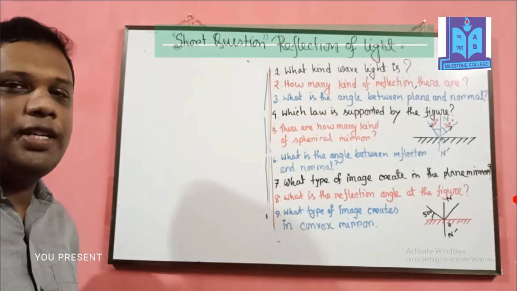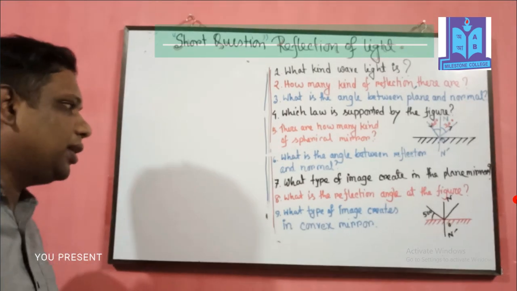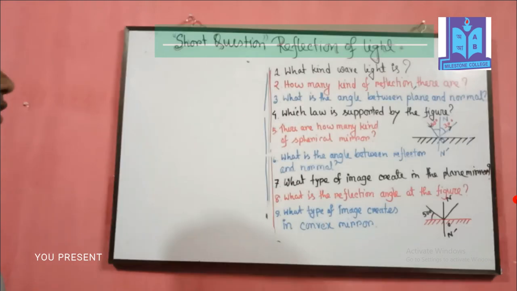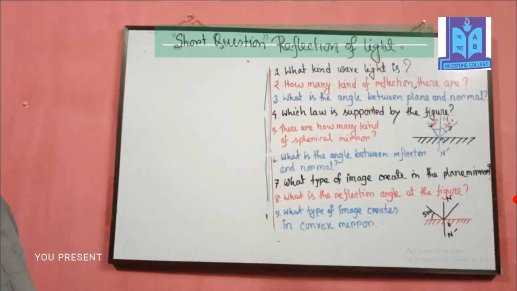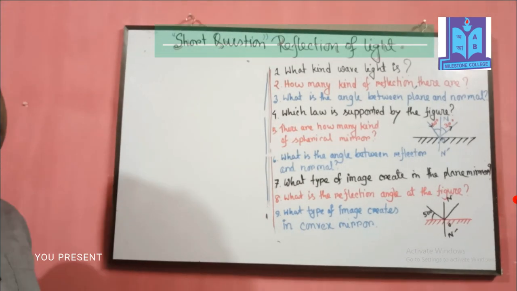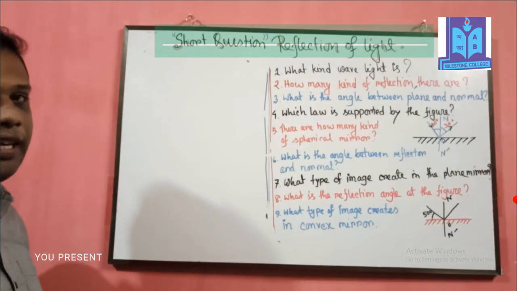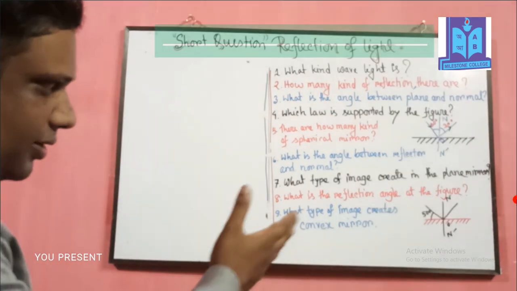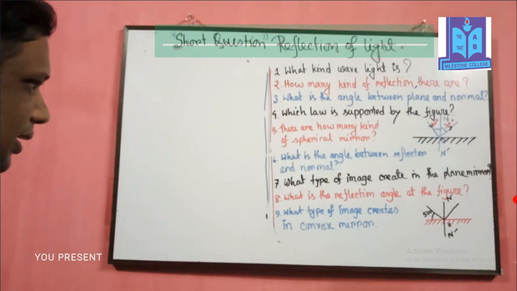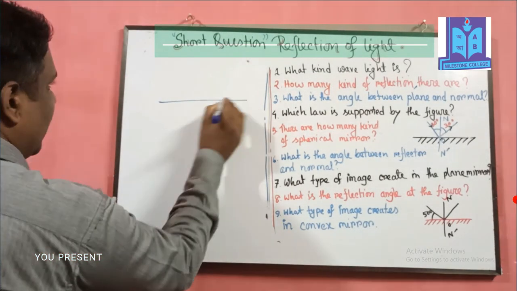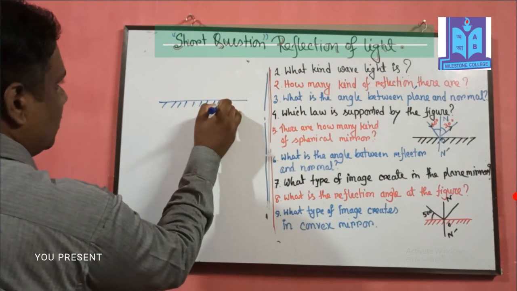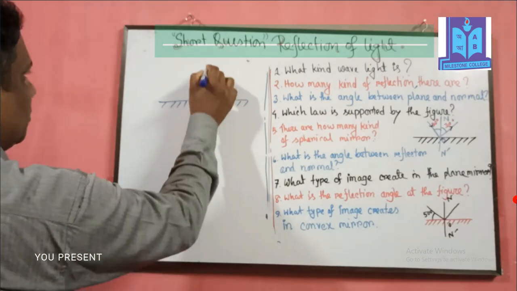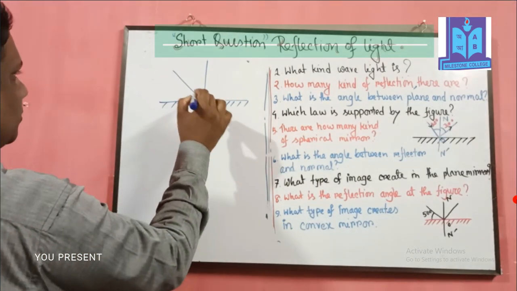So my dear students, now we are going to solve number 8, which is the reflection angle in the figure. What is the reflection angle in the figure? Here is a figure which we can draw again.